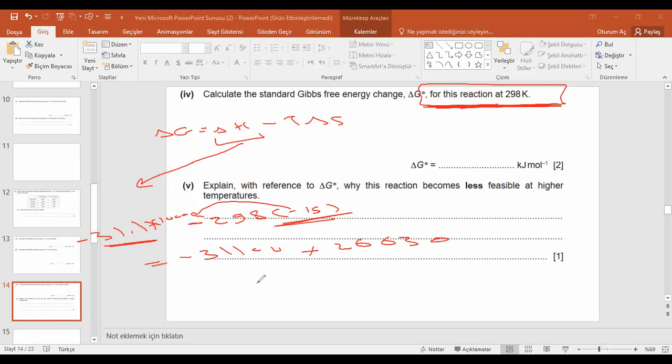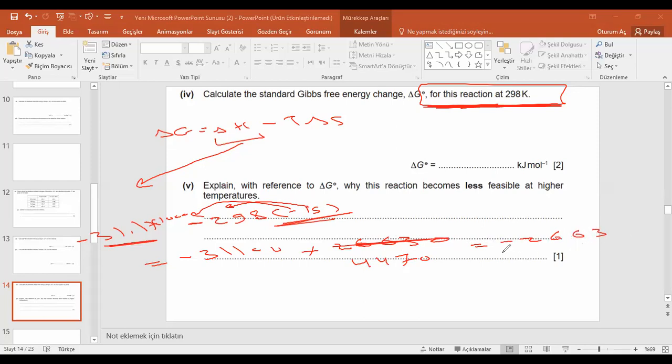Sorry guys, when we multiply these two numbers, we don't get this value. 298 times 15, we will get 4470. After that, let's subtract them. We get minus 26630.